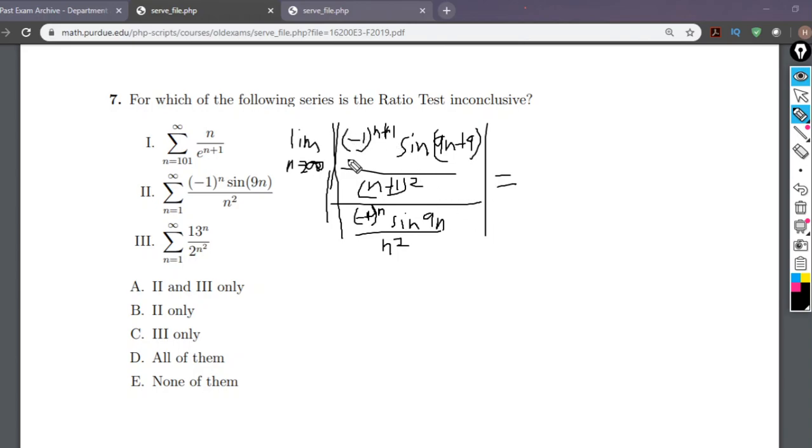And in this step, I usually just get rid of the negative ones, since they do not actually affect the value of this limit. And with the absolute value, no matter whether it's -1 to an even term or -1 to an odd term, it will still be the positive value. So I usually just ignore the -1 from this step on.